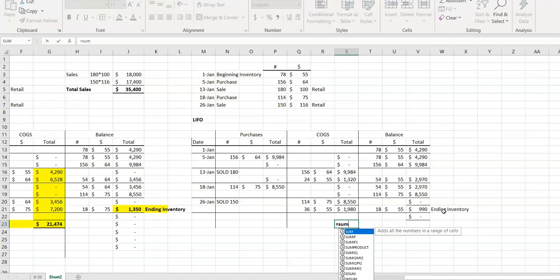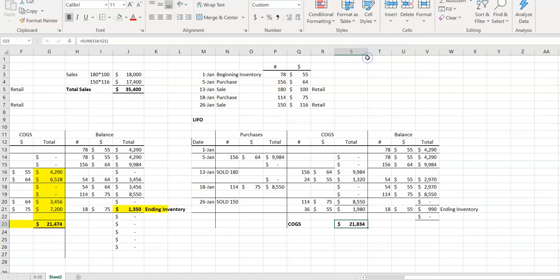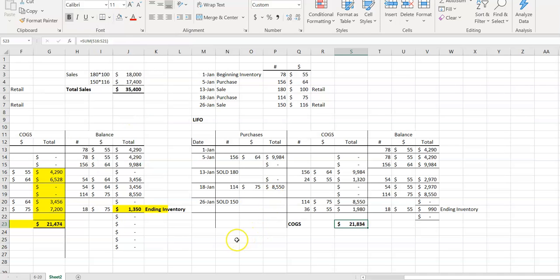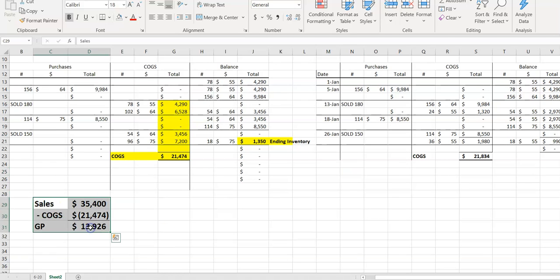Cost of goods sold, I need to add up these. And then my sales, this is going to basically be the same.